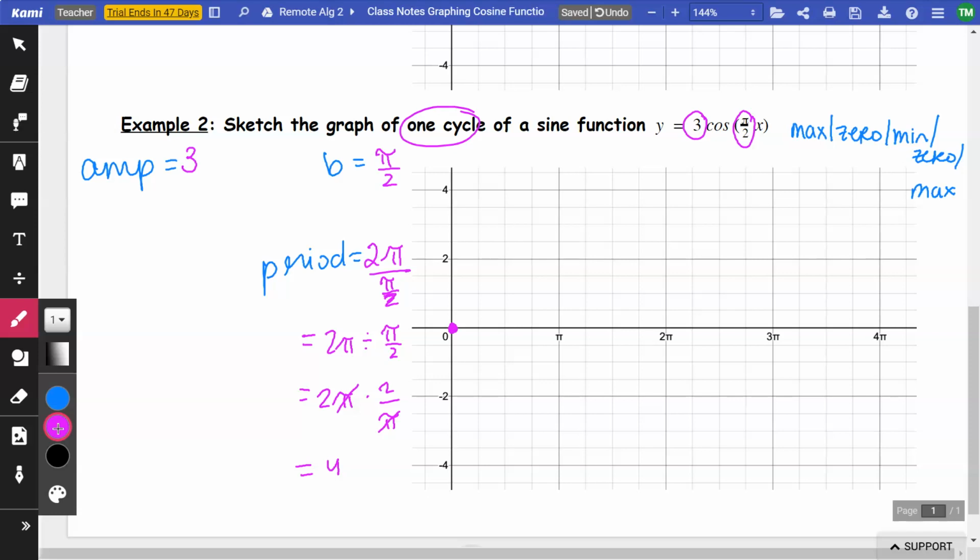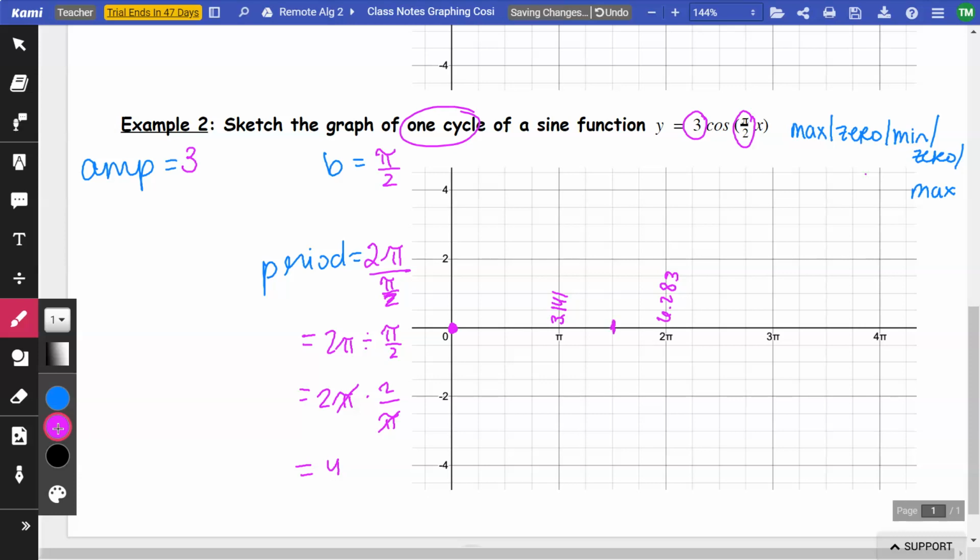Well, where's 4 at on this graph? Well, if pi is 3.141, and let's see, 2 pi is 6.283. 4 has to occur somewhere between these two, right? So what value would be halfway between them?